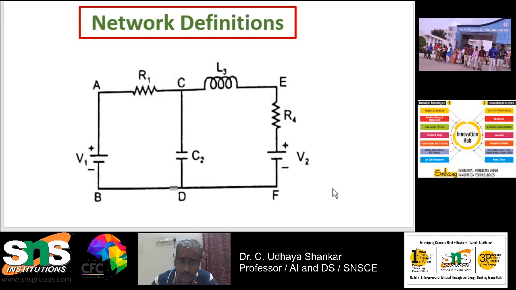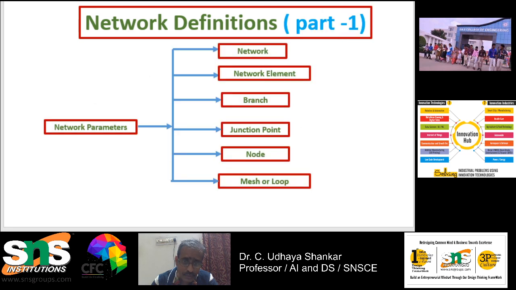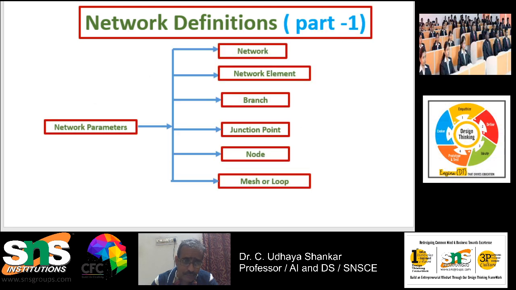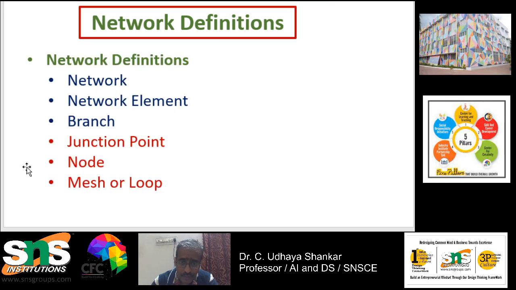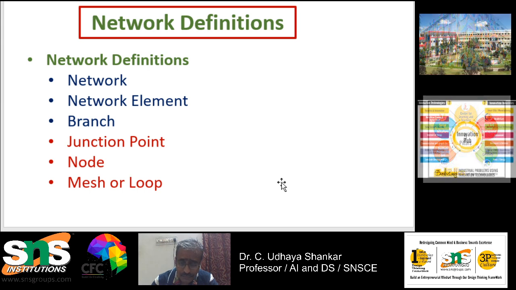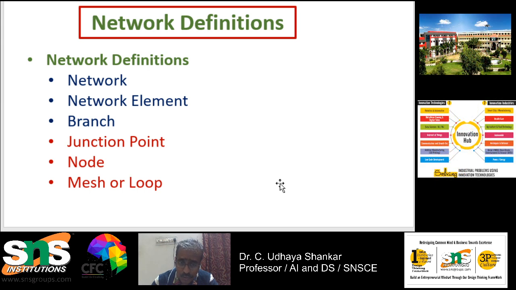So we have discussed what a network is, what a network element is, and in that the different types of network elements, which are active elements and passive elements, and what a branch is and how to name the branch. These 3 we have discussed. I am sure you are clear. We will move on to the next set of definitions, like junction point, node, and mesh, in the forthcoming part 2 video.